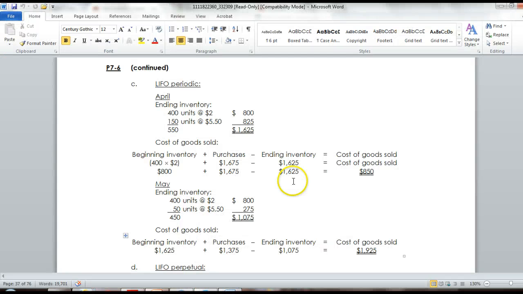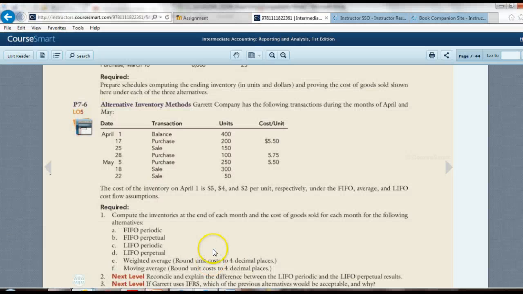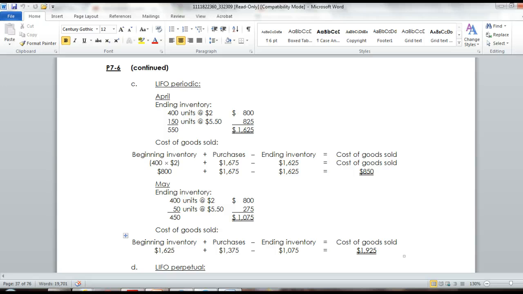So that gives us our periodic and then our cost of goods sold will show what we started the period with plus our purchases minus our ending inventory gives us our cost of goods sold of $8.50. Another way we can look at figuring out cost of goods sold is to take the purchase of 100 at $5.75 and the purchase of 50 here at $5.50 to come up with our total cost of goods sold of $8.50.